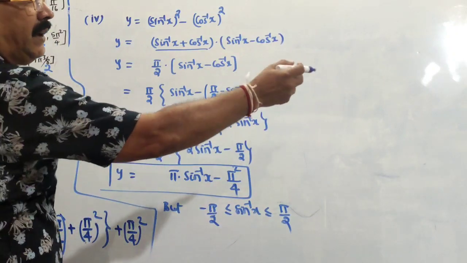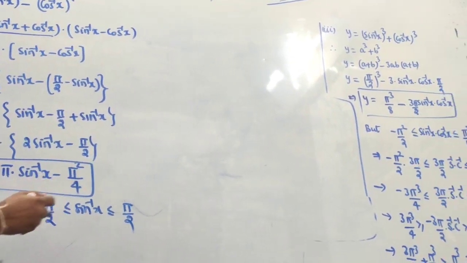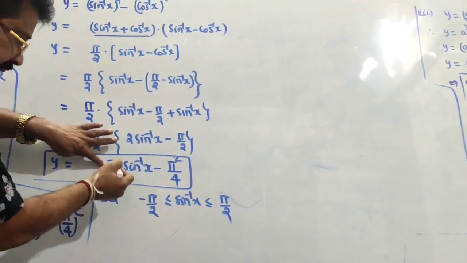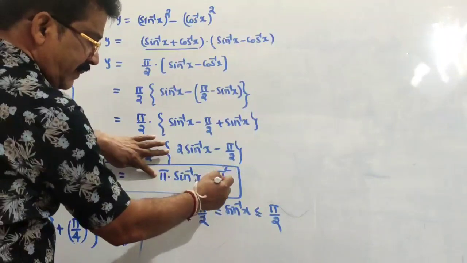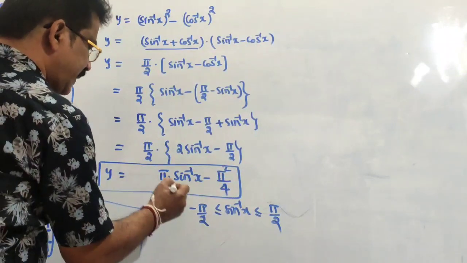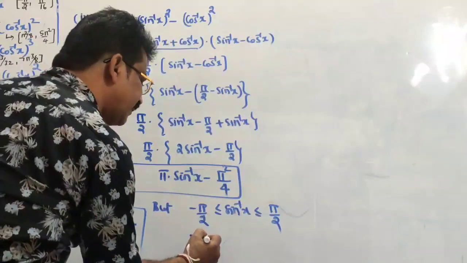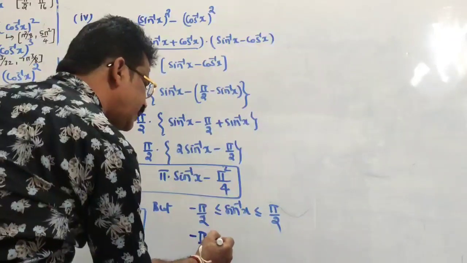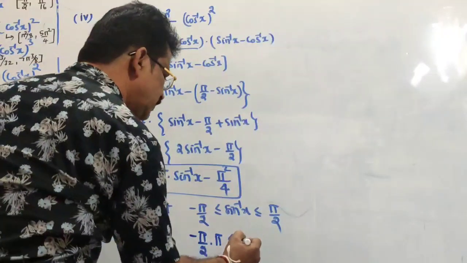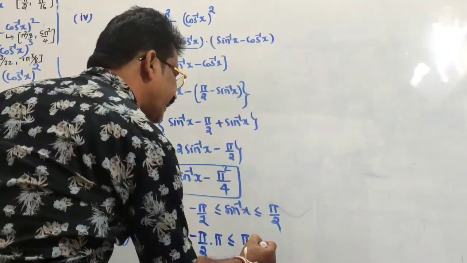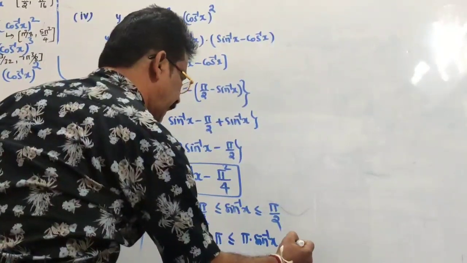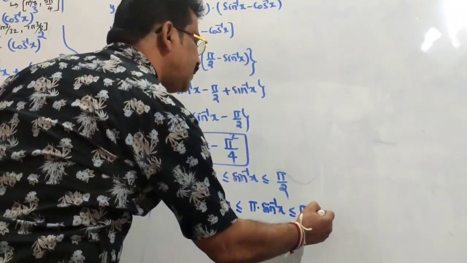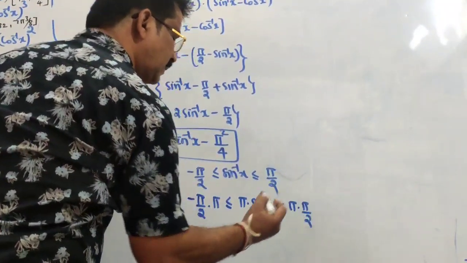So similarly, in the same sense we are getting this function on multiplying with pi and subtracting pi square by 4, just like that. So first into pi: minus pi by 2 into pi is less than or equal to pi into sin inverse x, less than or equal to pi into pi by 2.